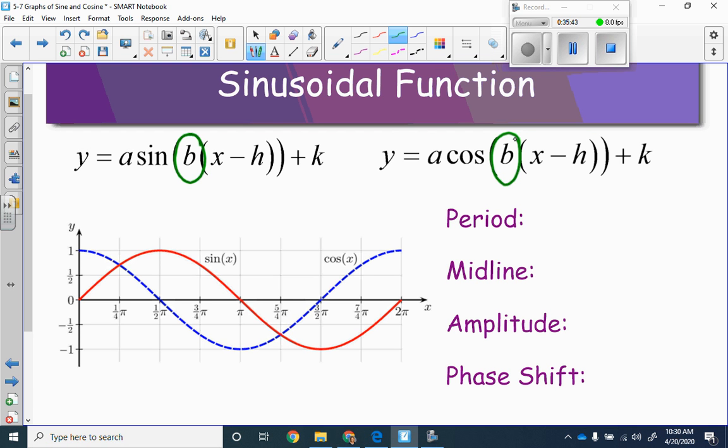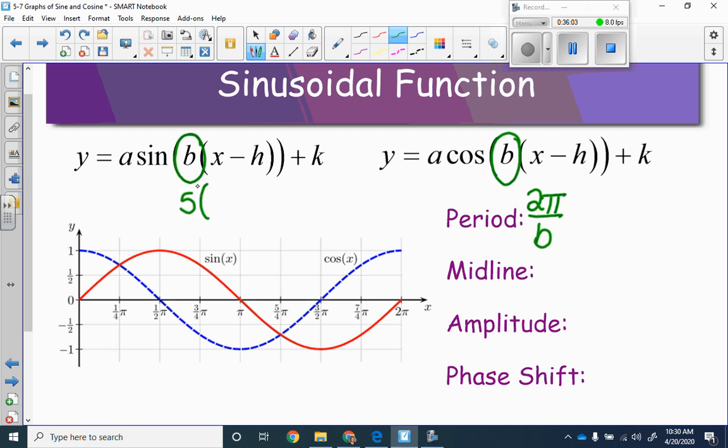So if I had something like a 5 right there, that is going to be doing a horizontal compression by 1/5. And so here, taking 2 pi and dividing it by b will always give you what your period is going to be.